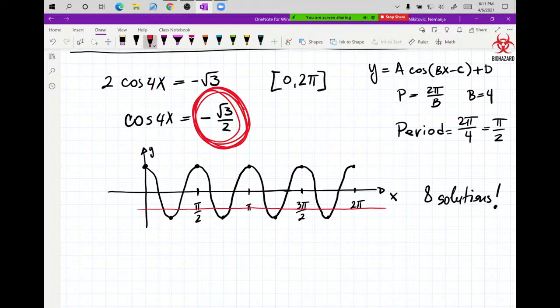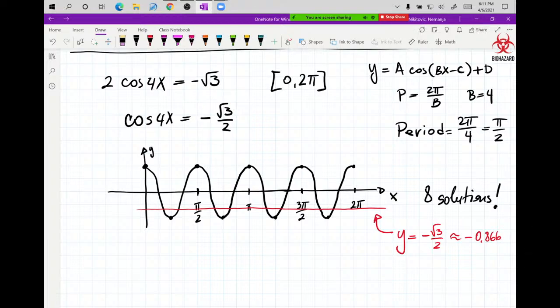So it's 0.866. So the red line is y equals negative root 3 over 2, which is approximately negative 0.866. So the solution is the intersection between the red and black. The solution is everywhere that negative root 3 over 2 crosses over with the cosine graph. Yeah, that's what I meant.